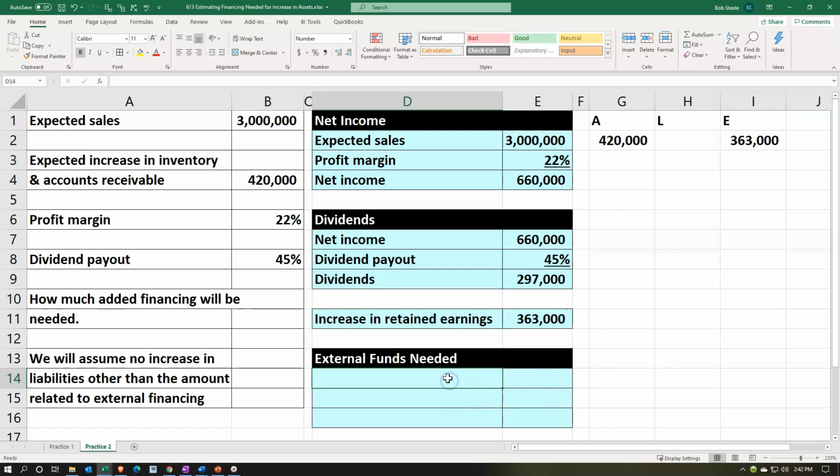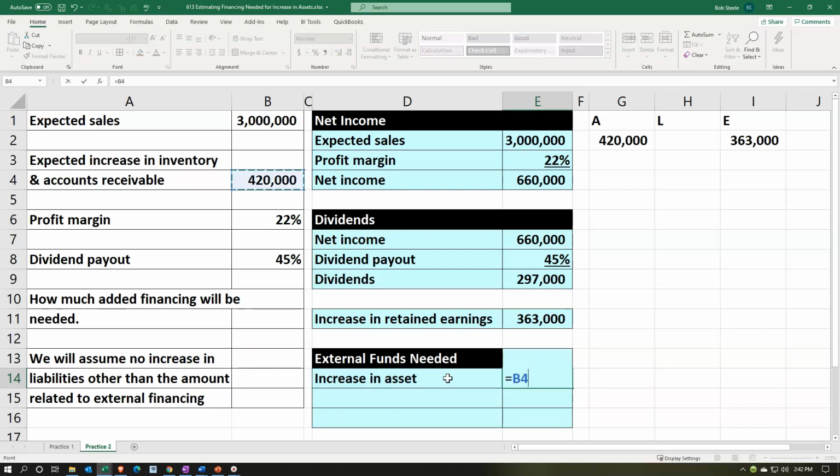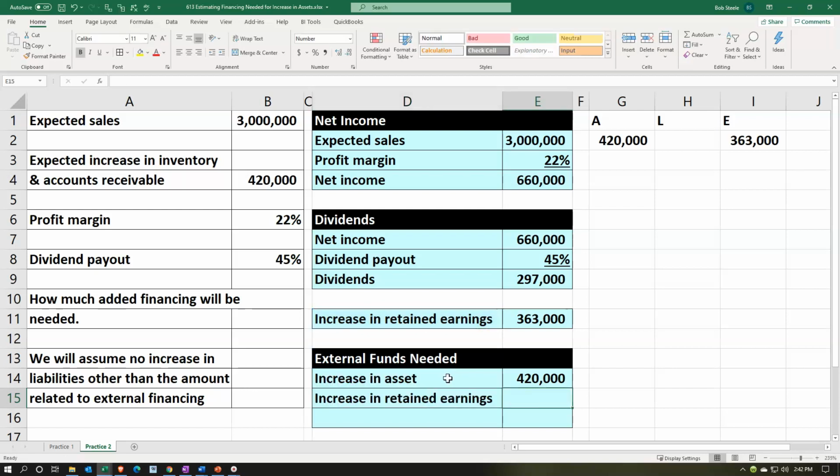So we have the increase in assets, which is going to be equal to that 420. And we're going to finance that in part with the increase in equity, which is the 363.